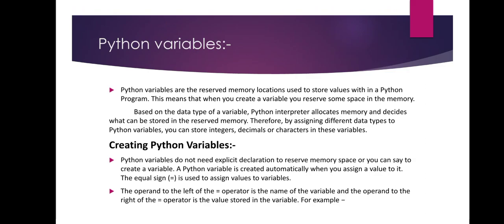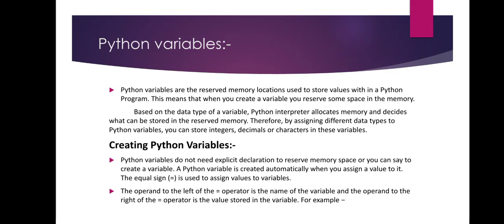In every programming we definitely have to store values. Suppose we have to add two numbers. We store them like this: a is equal to 20, meaning 20 is a value stored in the reserved memory location a, and b is equal to 30, where 30 is stored in reserved memory location b.